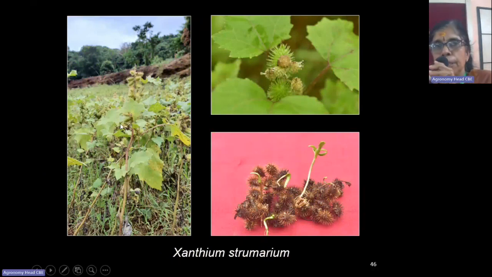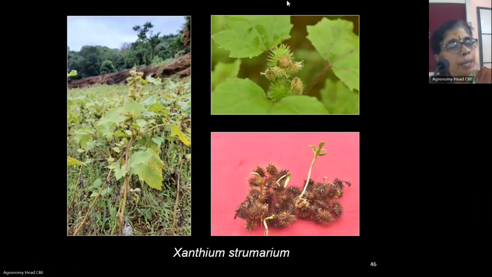weed in a forest reserve, Chimney Forest Reserve, very near to a water body, Chimney Dam. So near to that, it is in the forest reserve area. See, these are the fruits with spine-like projections. This is the flower. See, this is again the Asteraceae family. These are the small flowers.